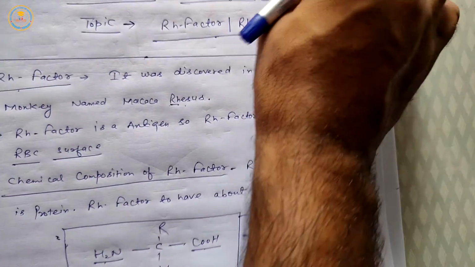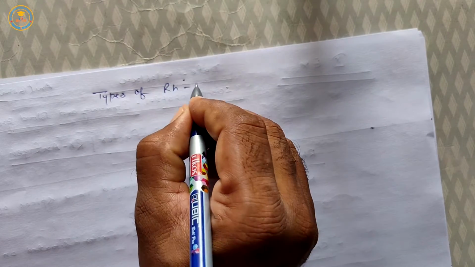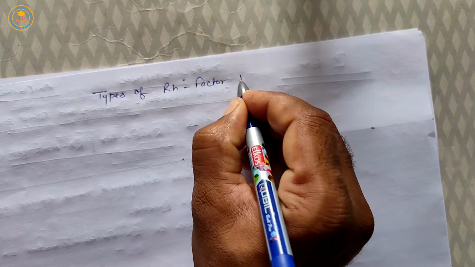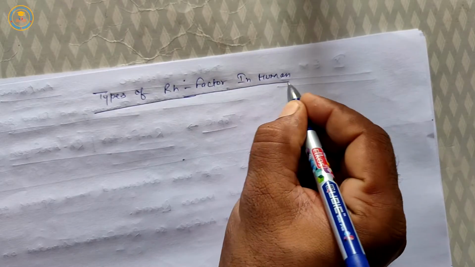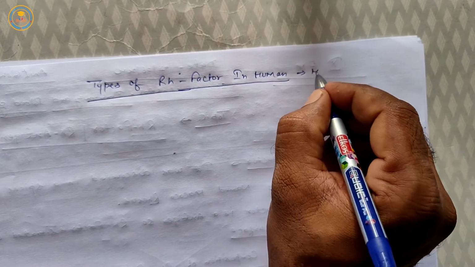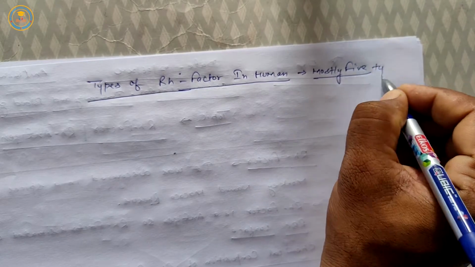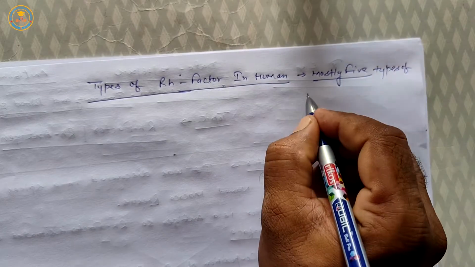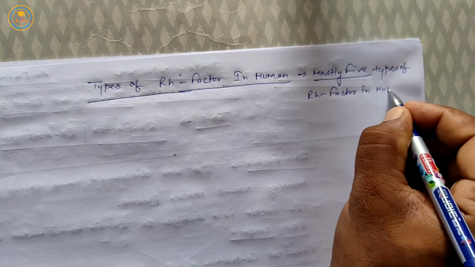Next is types of Rh factor in humans. Mostly there are 5 types of Rh factor in humans.